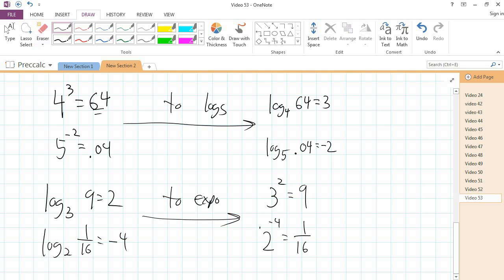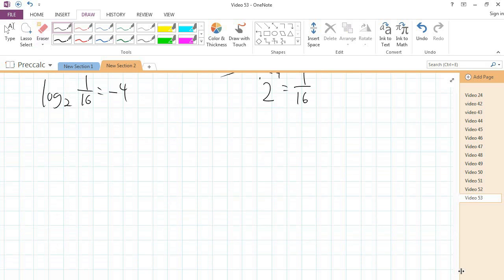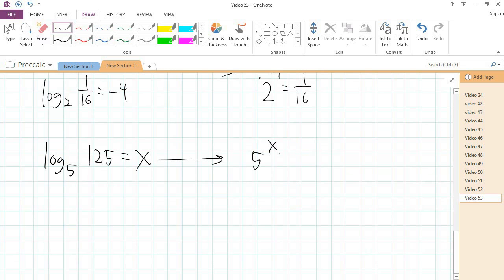Now, where this conversion becomes useful, and we'll talk more about this tomorrow, is this conversion actually helps us to begin to compute simple logarithms. Log with a base of 5 of 125 equals some number. What's that number? I don't know, but I might know it if I convert this logarithm into an exponential.